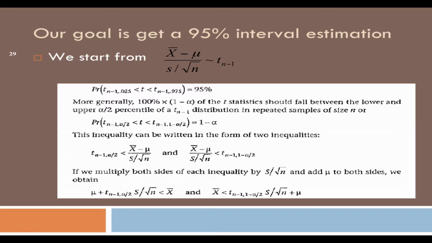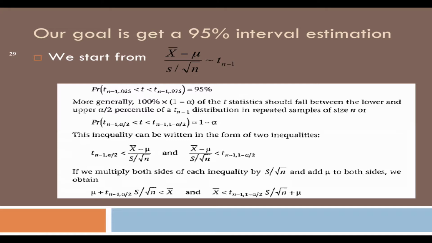From this curve, the probability that a variable with a t-distribution falls within these two critical values is 95%, right?